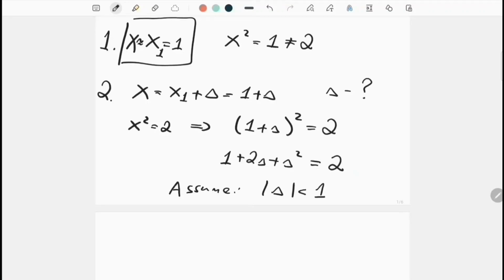And therefore, in this equation, on the left-hand side, we can drop the delta squared term, because this quadratic term is much smaller than the linear term 2 delta. So to give you an example, if delta is 1 over 10, then delta squared will be 1 over 100. So we can drop that term.